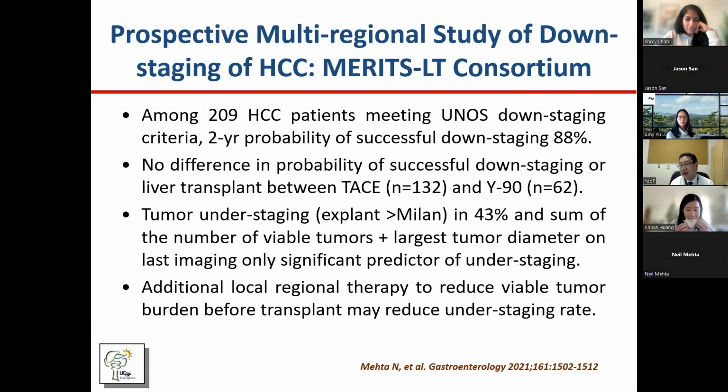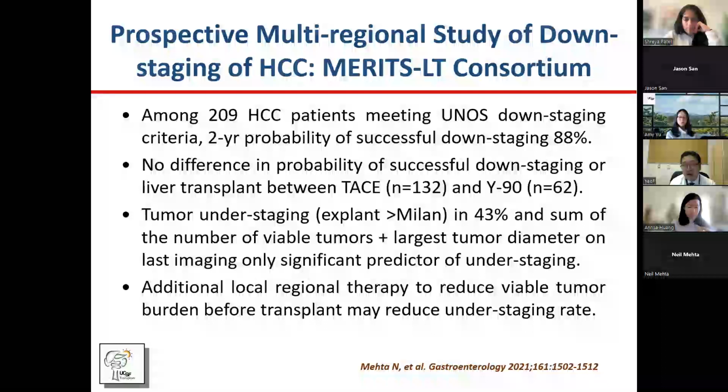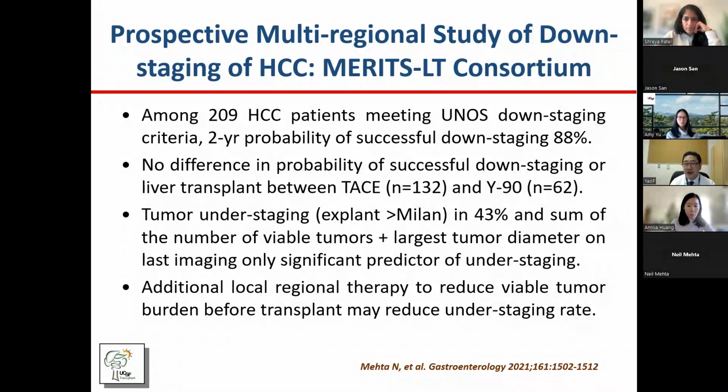So it illustrates that this is not dependent on a single center, it can be done across the board. There's no difference in the probability of successful downstaging or liver transplantation between those treated with chemoembolization versus those treated with Y90 radioembolization.